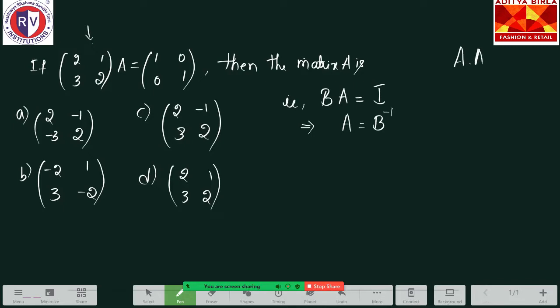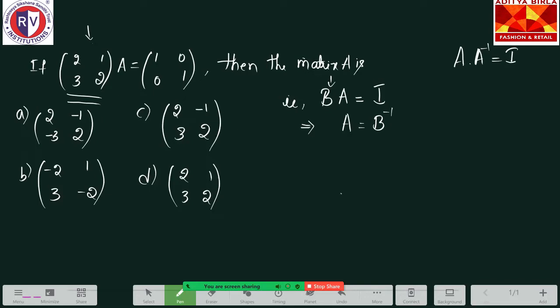A into A inverse will give you I. So similarly, here this A should be equal to B inverse, then only we will get the matrix I in the RHS. So here we have to find out the inverse of this matrix in order to get the matrix A.